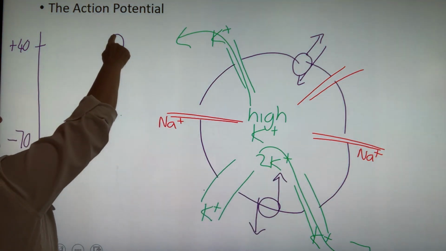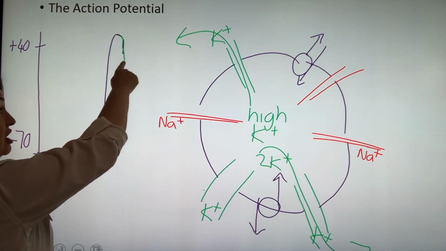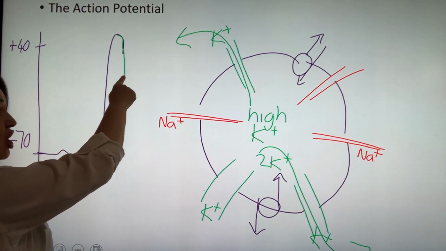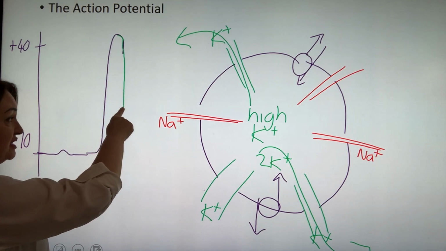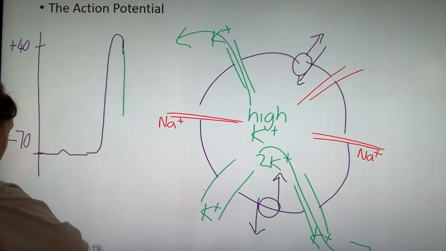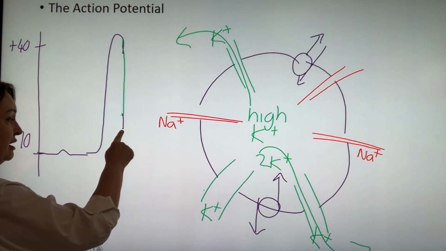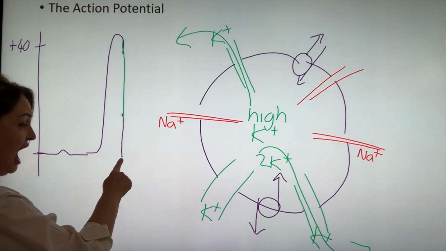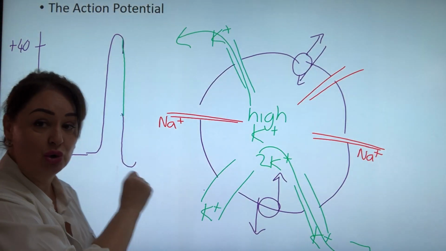So going back to here, the potassium ion channels are opened, the potassium is flying out of the cell, and then eventually the sodium-potassium pumps take over. They hyperpolarize a little bit, they get it wrong a little bit, but that is important later on.